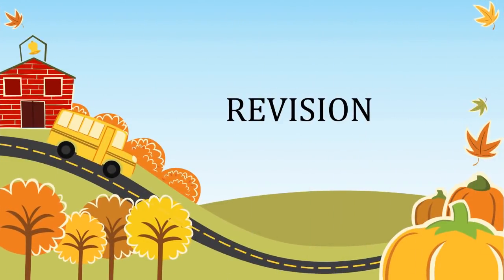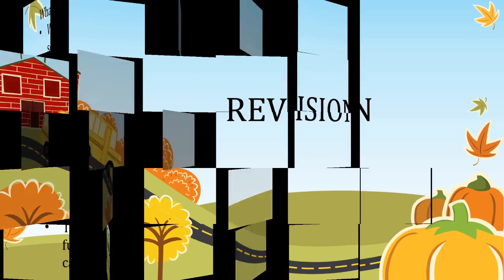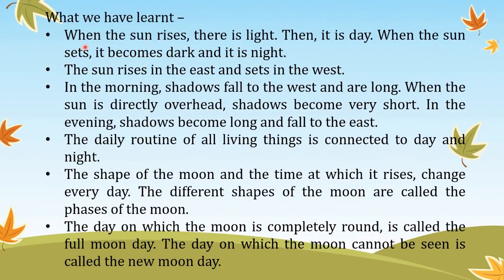So students, now we will quickly revise what we have learned today. When the sun rises, there is light. Then it's day. When the sun sets, it becomes dark and it is night.